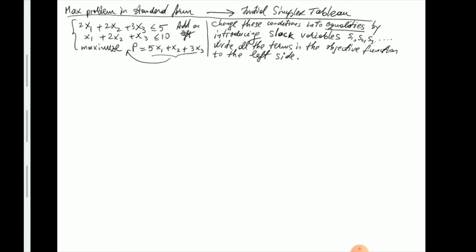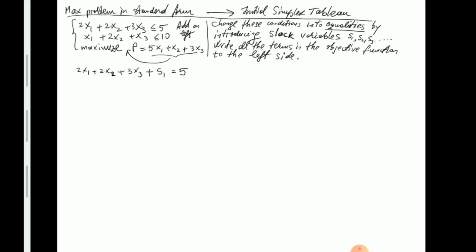So for example, 2x1 plus 2x2 plus 3x3 is going to need another positive quantity, let's call it S1, to bring it up to 5. So that's how you can interpret the role of these slack variables: add what's missing to make it an equality.